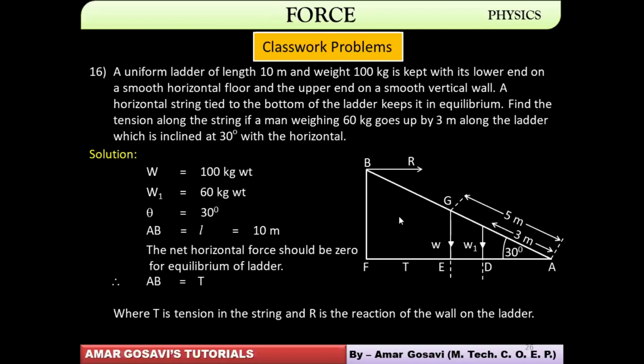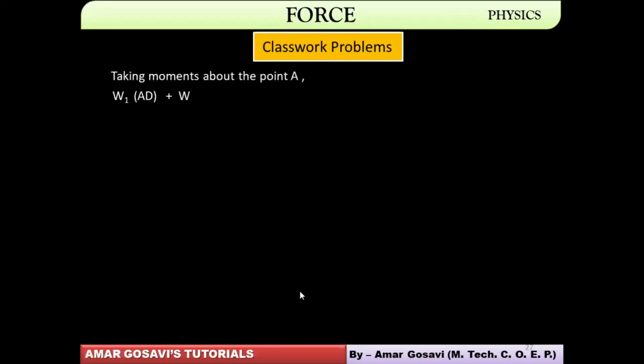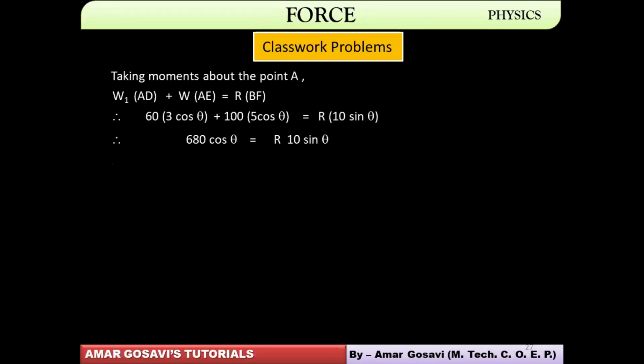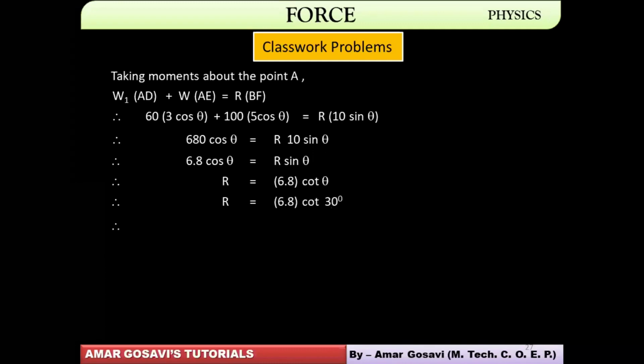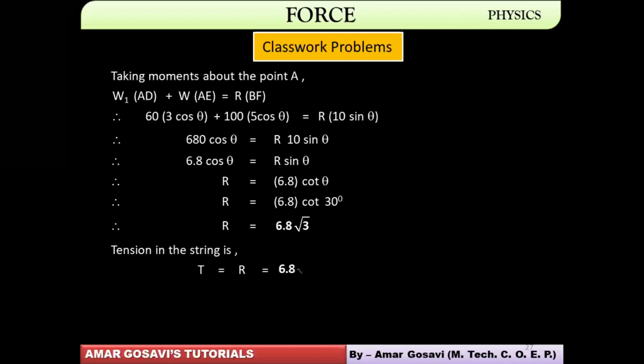If the tension is balancing R, then only is this ladder stable. So once we know R, because the ladder is stable, the tension in the string should come out to be equal to R. And we have estimated R. The value for R comes out to be 6.8 root 3. So the same would be the value for the tension in the string.